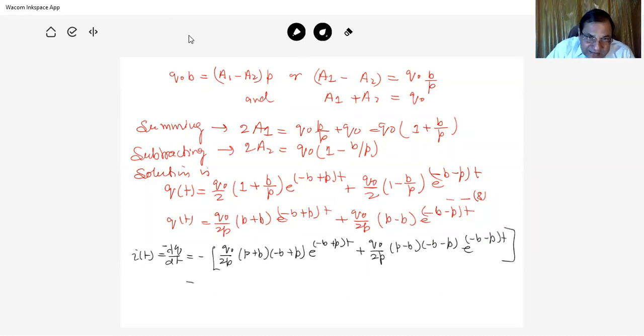So this is minus q0 by 2p and this is p square minus b square.